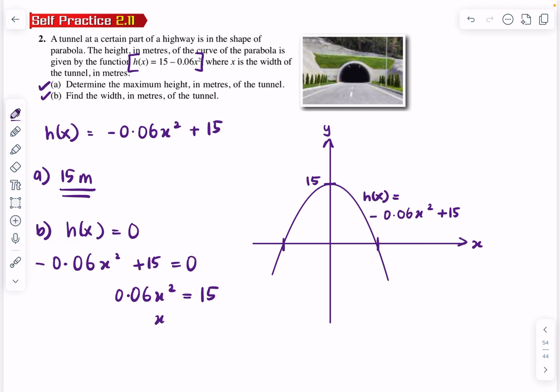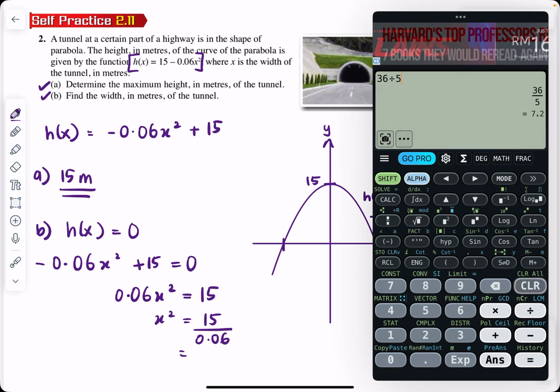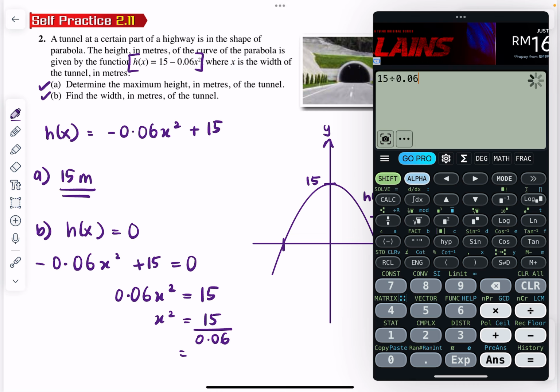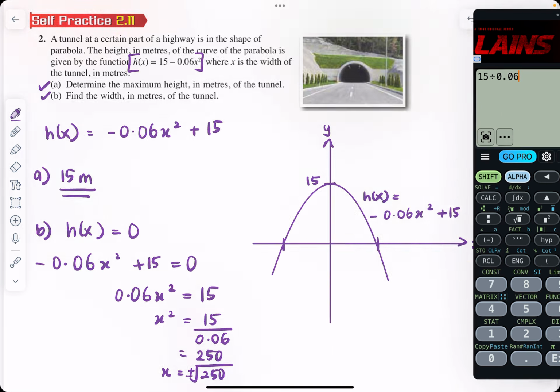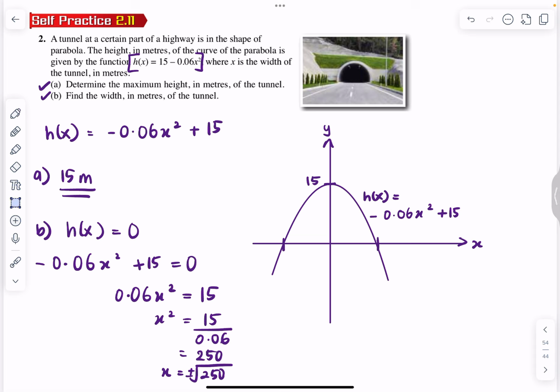Therefore x square is 15 over 0.06. So x is the square root of 250, plus minus. Don't forget the plus minus. Square root, we must get two different answers.